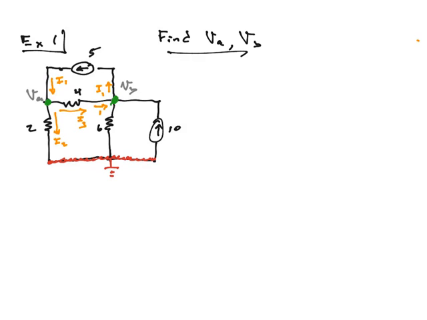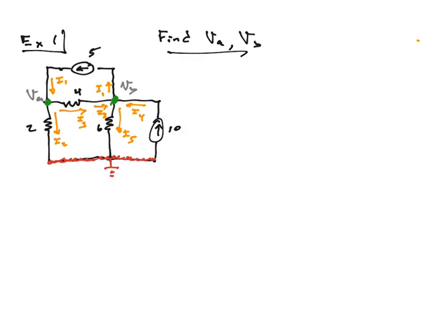So this is still I3 over here. I've got this 10 coming up from the ground going into B, I'll call that I4. And then lastly, the current that goes from B down to the ground, I'll call that I5.